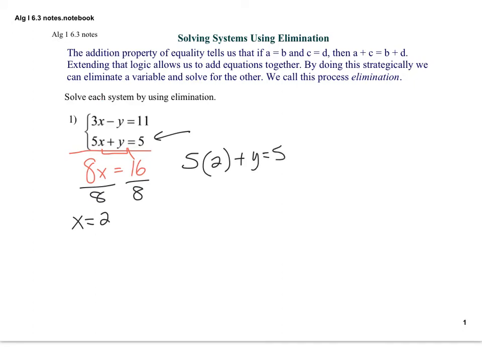So 10 plus y is equal to 5. If I subtract 10 from each side, y is equal to negative 5. I have solved my system using elimination. All I need to do now is list it as an ordered pair, just like that. And there we have it.